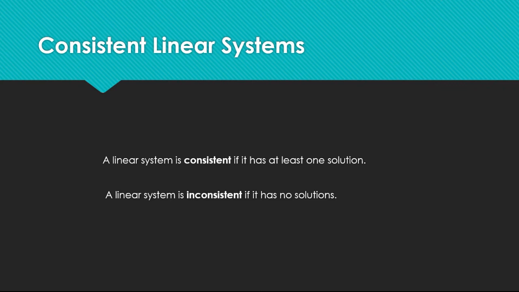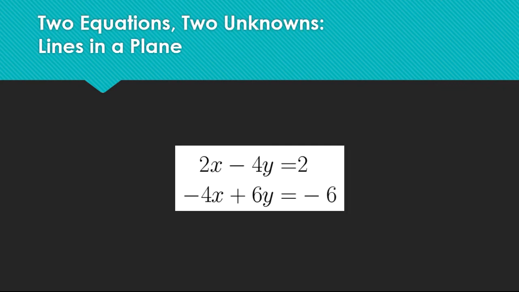The first possibility is that the system may have a unique solution. The second is that the system may have infinitely many solutions. And the third is that the system may have no solution. If the system has no solution, we call it inconsistent, and if it has at least one solution, we call it a consistent system.